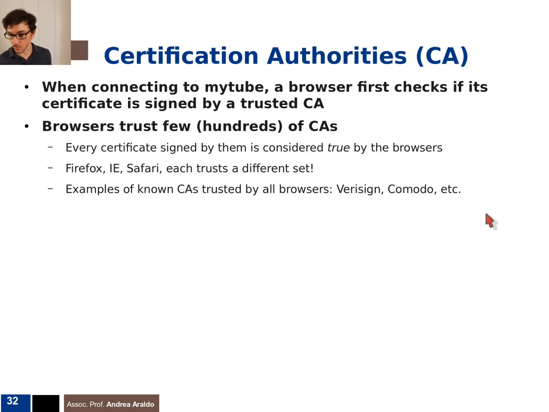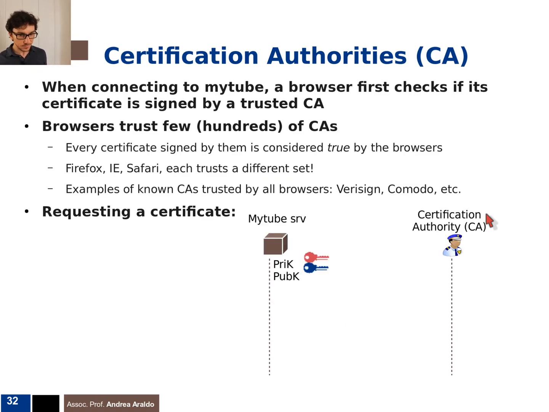I don't want to go into the details of certification authorities, but if you're MyTube and you want to open a website, you have to register to DNS, etc. In addition, you also have to contact a certification authority. You first generate a pair of private and public keys, which can be done very easily via a command in Linux and in Windows; it's actually a single line of command.